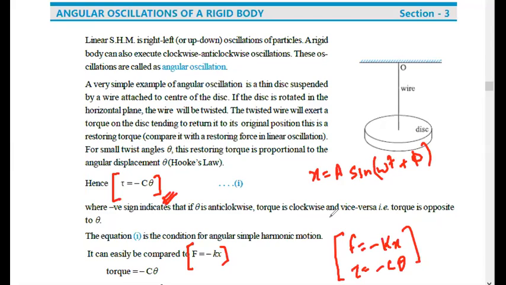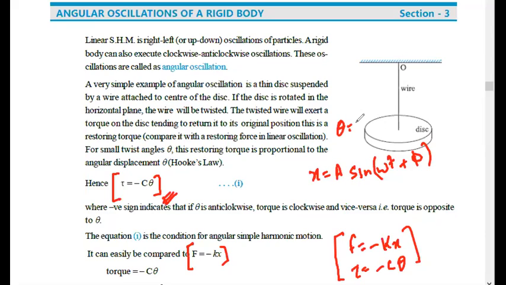Now, just according to intuition, what should be the expression for theta? You don't have to do very hard maths, just based on intuition. Yes, very good.